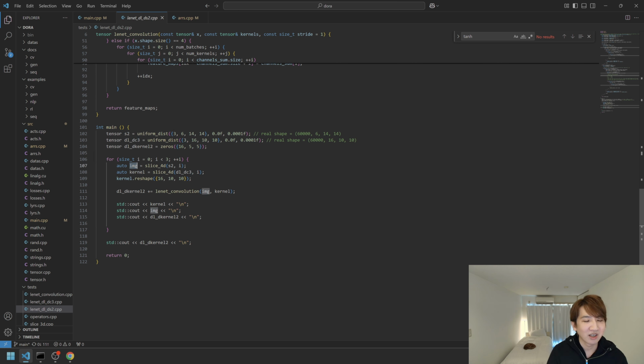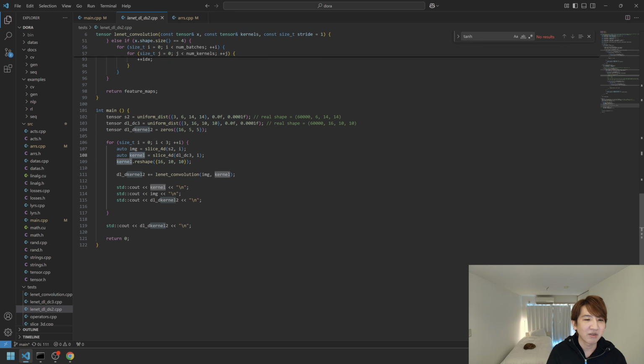So this image only contains a single batch from this S2. So this image would have a shape of 1, 6, 14, 14. But this kernel 1, 16, 10, 10.